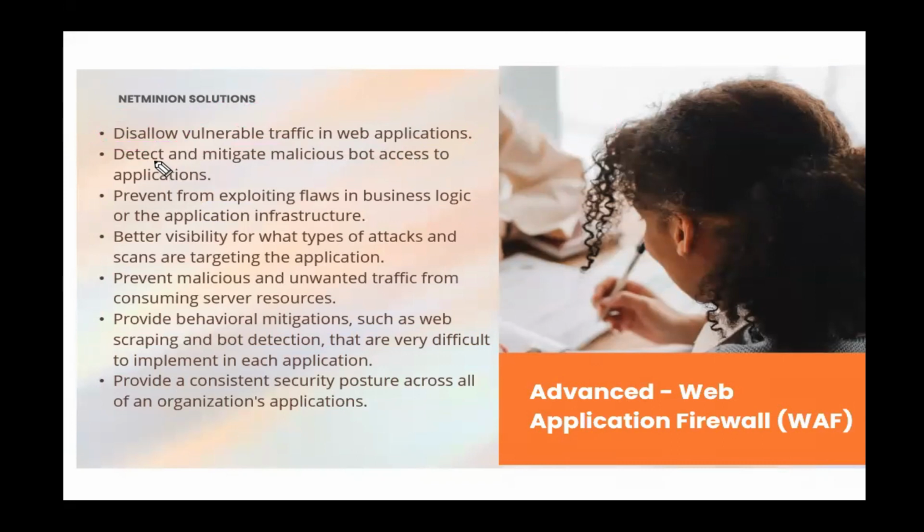Then it detects and mitigates malicious bot access. There are good bots and bad bots. We need to define which are good bots and which are bad bots, and depending upon that, we can tweak a lot of configuration to mitigate these kinds of vulnerabilities.